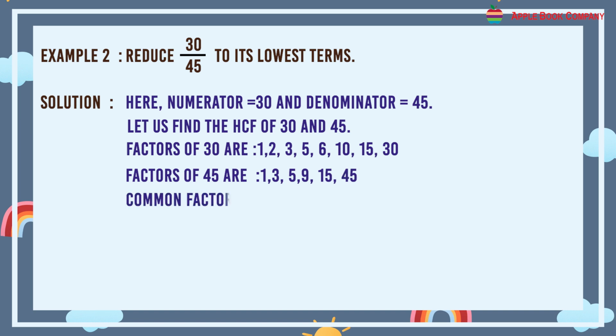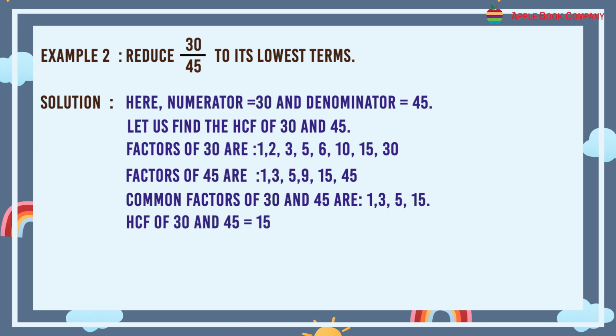Common factors of 30 and 45 are 1, 3, 5, 15. HCF of 30 and 45 equals 15. Therefore, 30 by 45 equals 30 divided by 15 by 45 divided by 15 equals 2 by 3. Hence, 30 by 45 in its lowest terms is 2 by 3.